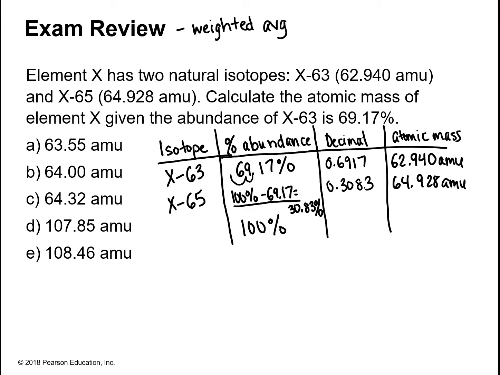Now we just have to set up our actual calculation. So we're going to multiply the decimal times the atomic mass and add that to the decimal times the atomic mass. And I'll write out what that looks like.